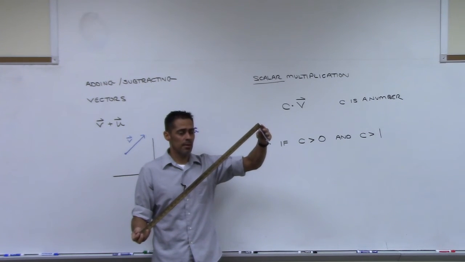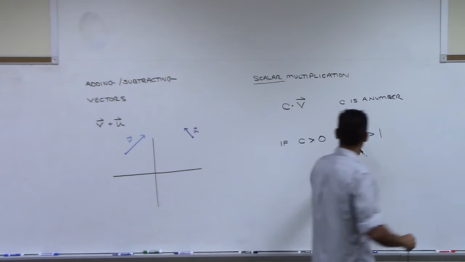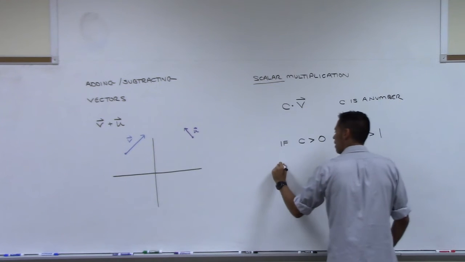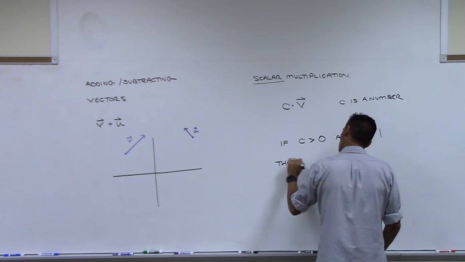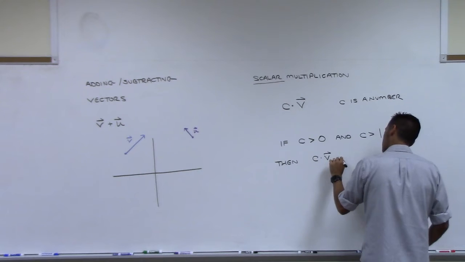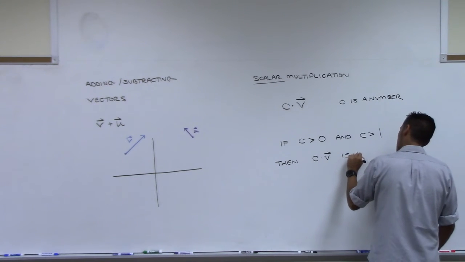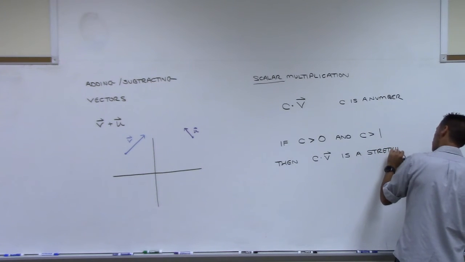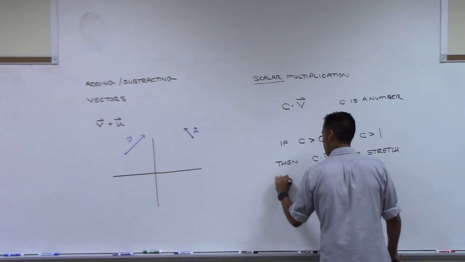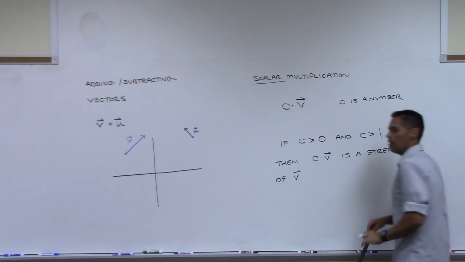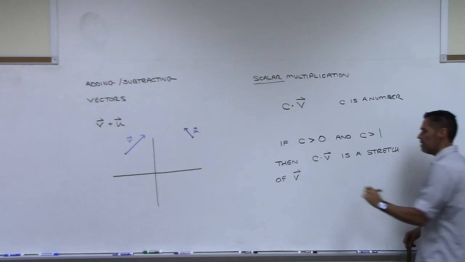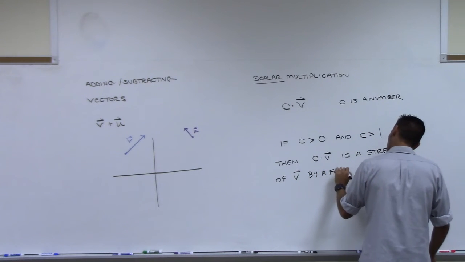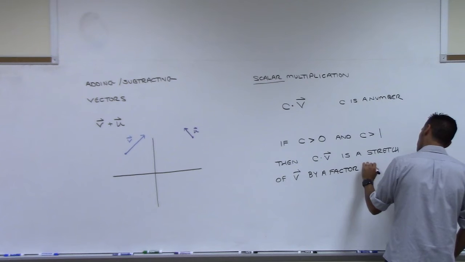All right? So if you multiply by a positive number bigger than 1, then c times v is a stretch of v, a stretching out of v by a factor of c.